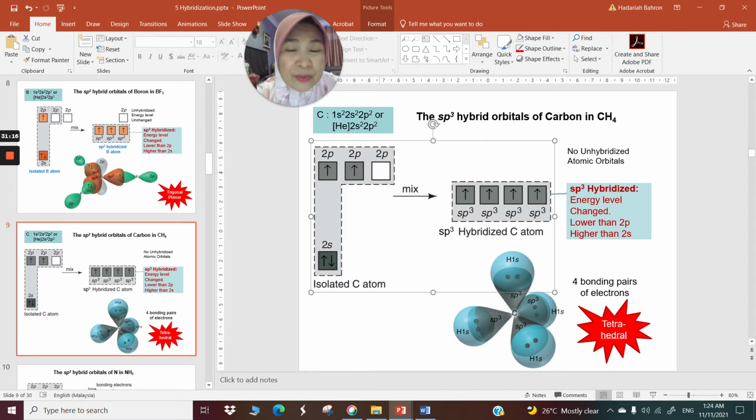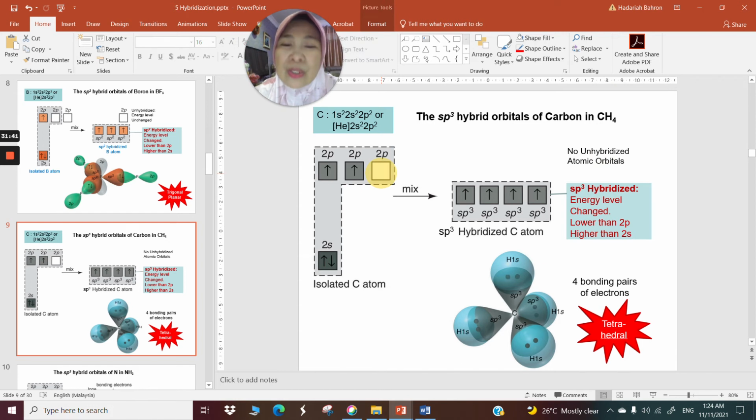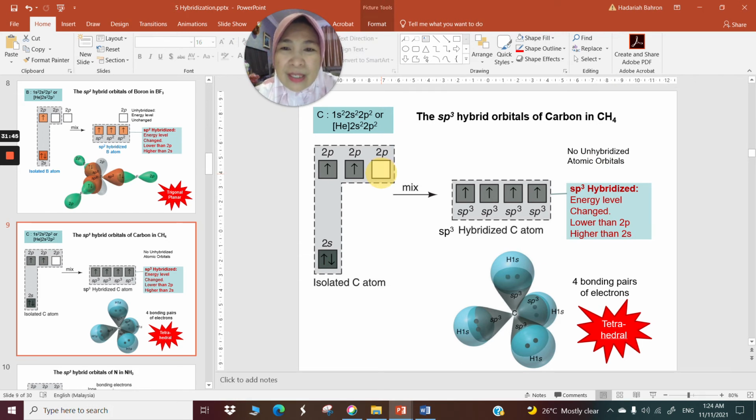You are going to then have 4 hybrid orbitals, like the rule that I mentioned earlier. So sp3, sp3, sp3, and sp3. So 4 sp3 hybrid orbitals, and when you combine them, you're going to get the shape of a tetrahedron, and there is no unhybridized atomic orbital. Yep, because this is also, despite being empty, getting involved in the hybridization.